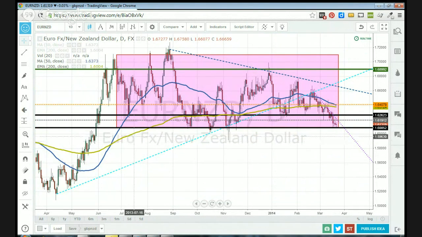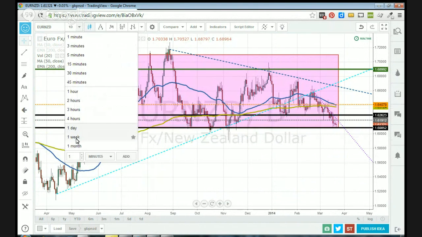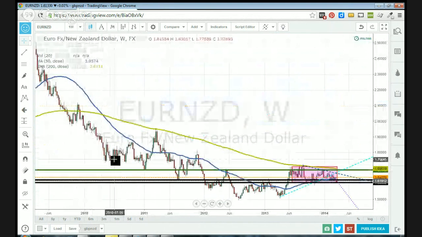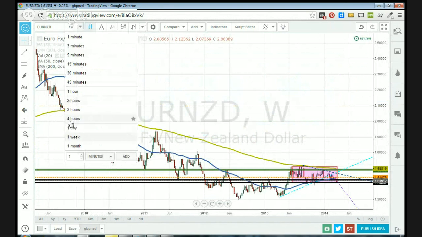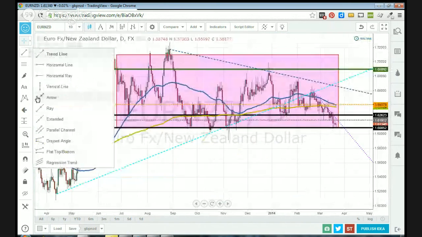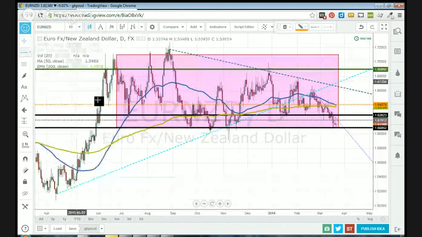Let's see where there's another resistance level to assist with stop loss placement. Zoom out a whole bunch here.